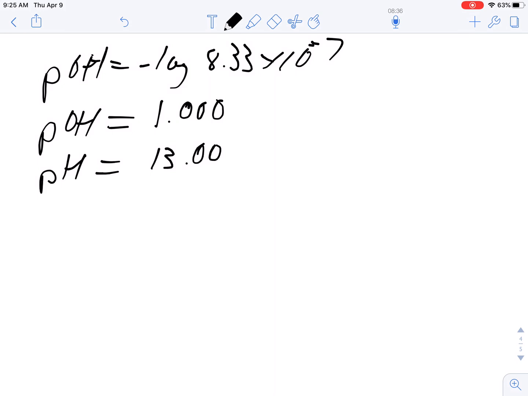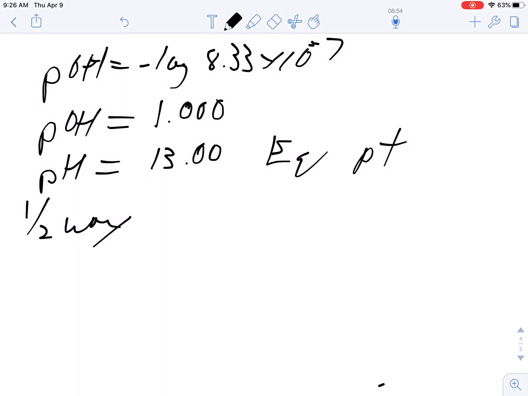Now we have to do halfway to the equivalence point. Halfway doesn't mean we take half of the pH. That's wrong. People get confused and say, my pH at the equivalence point is 13, so I just take half of that. No, completely wrong.